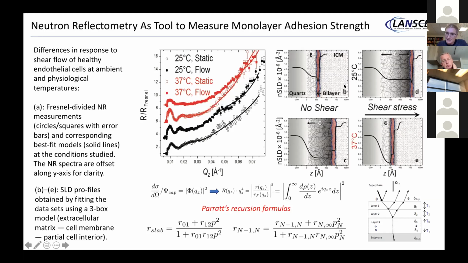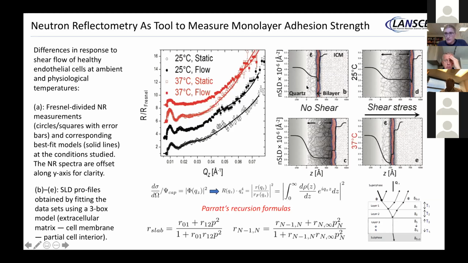And then on the inside of the cell is obviously the actin and the intracellular matrix, which in our particular model, because of the resolution we had, was simply treated as another infinite layer. So really, the main source of scattering length difference for us was the difference between the quartz and the phospholipid bilayer, which was fully hydrogenated in our case, since the cells were grown in H2O.